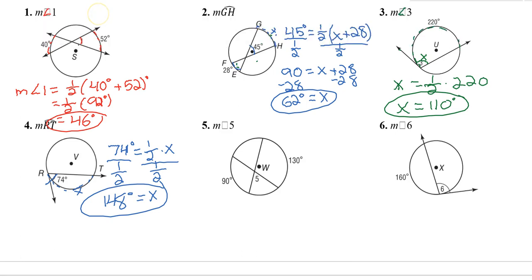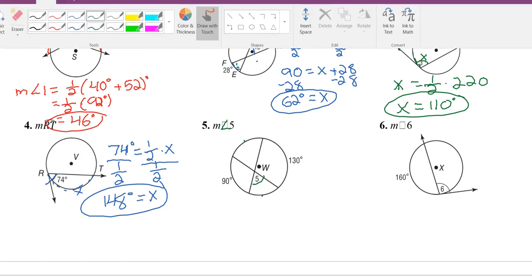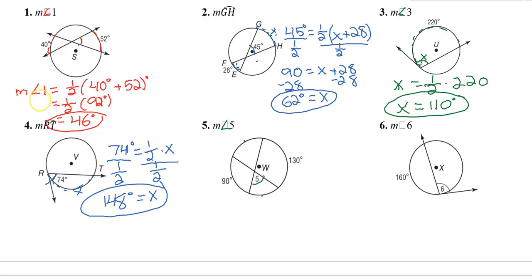Looking at number 5, the measure of angle 5. Ooh, this one's rough. I don't know those angles at all. What I can find is this angle, though. I'm going to call angle 5 y, right? These two intersect, and I can use this one, right?